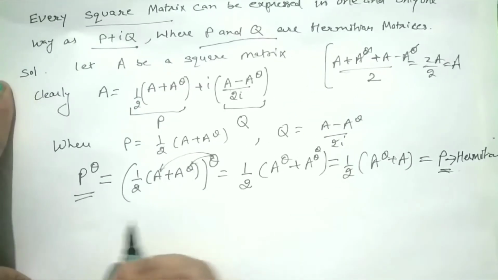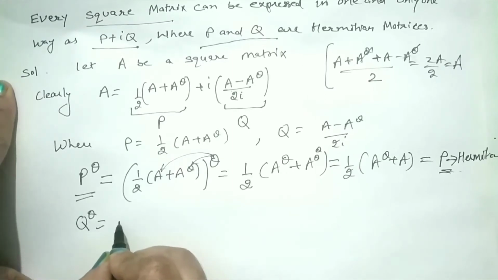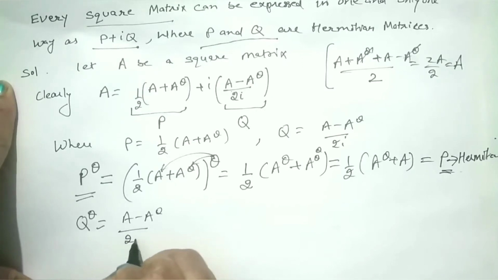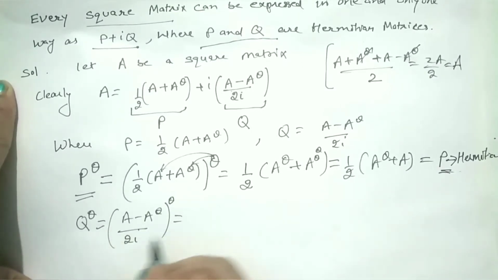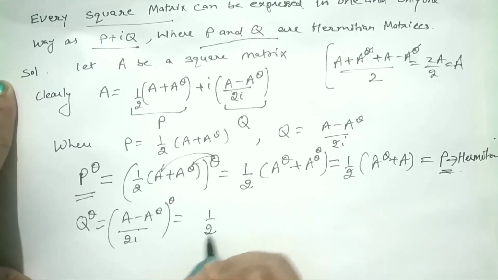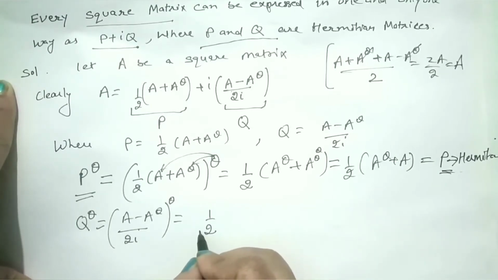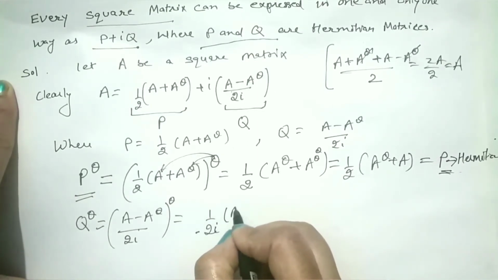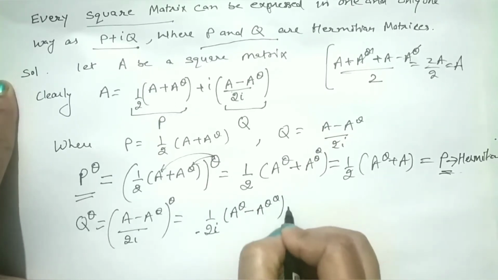Now the second thing, for Q also we have to check the same thing. So Q is this matrix A minus A theta upon 2 iota. Again we have to apply theta on this. Theta upon 2 will remain the same, but theta on iota, the conjugate of iota is minus iota. Now the other operations in the same way.